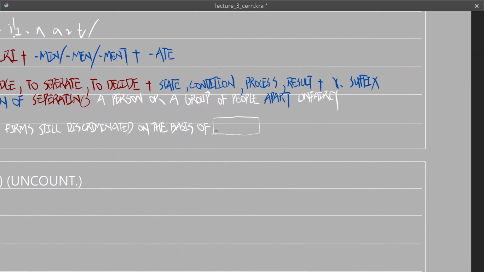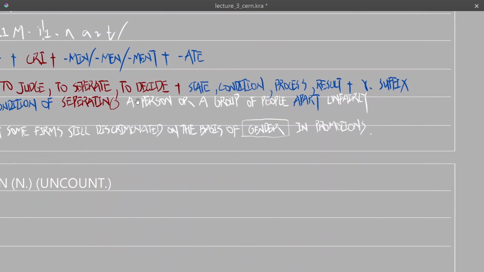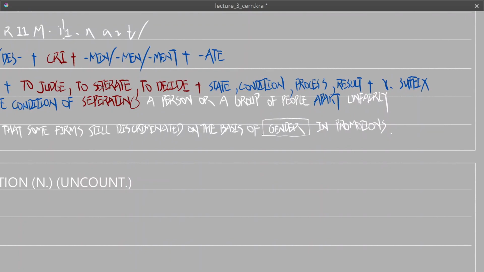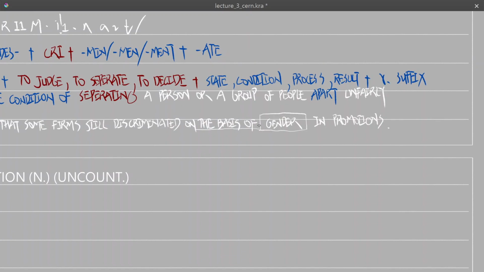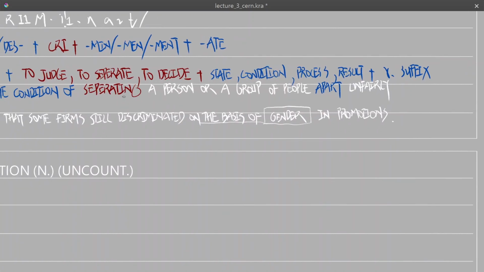For example, on the basis of gender in promotions. There is discrimination on the basis of gender, on the basis of religion, or on the basis of race, etc.